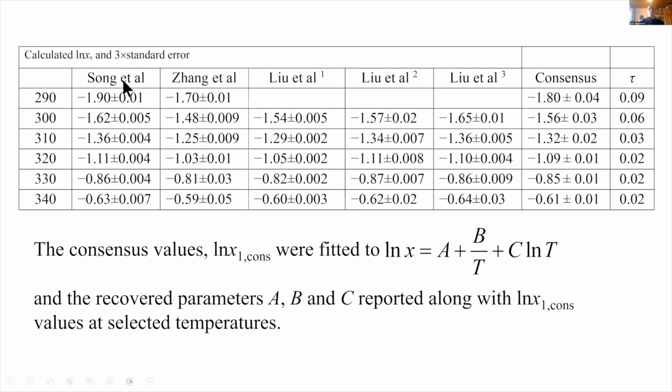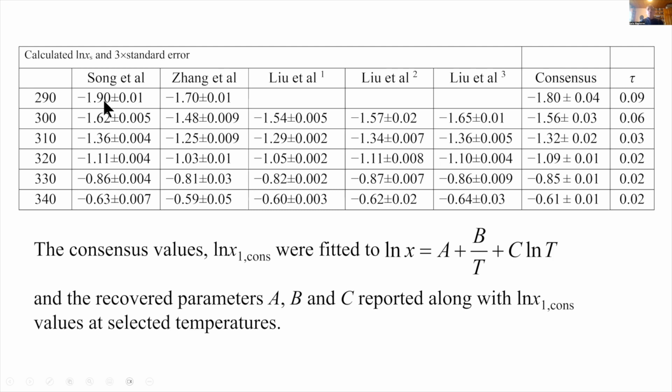So this is from the regression of Song's data, this is the regression of Zhang's data, and these 3 from Liu 3 times. So these standard errors effectively reflect the deviations from the best line through this data using this equation.